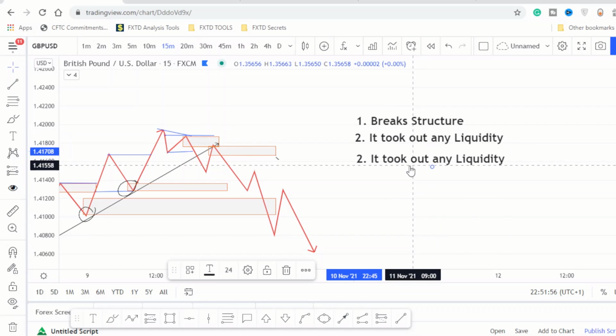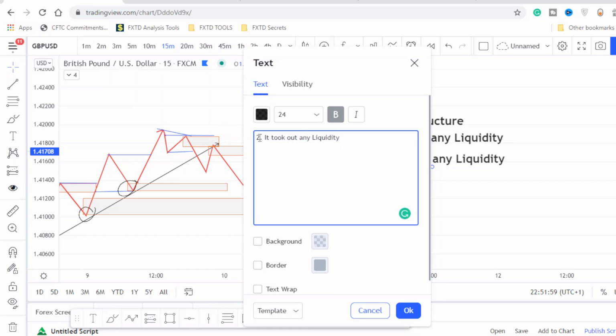And number three, it should be in line with the institutional order flow.